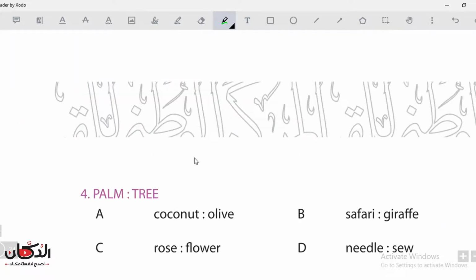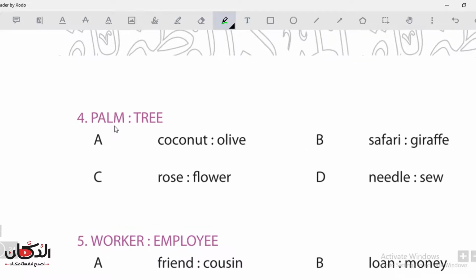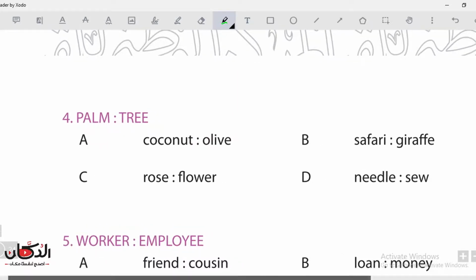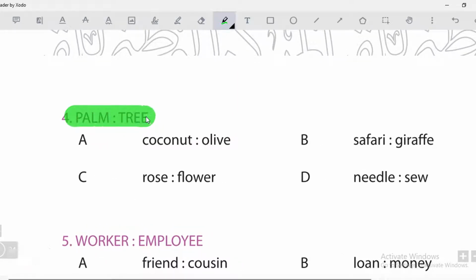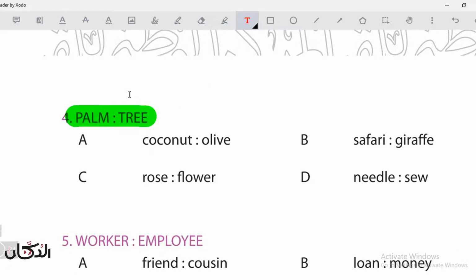The next page: palm and tree. You can decide about the relationship. Sometimes, if you cannot find the exact relationship, it is useful to put it in a context, like: one is a kind of two.